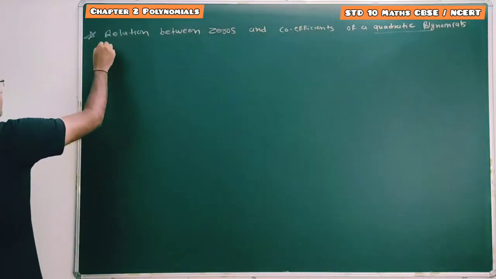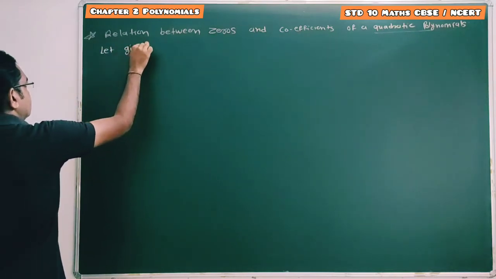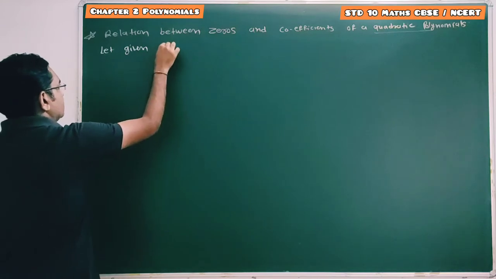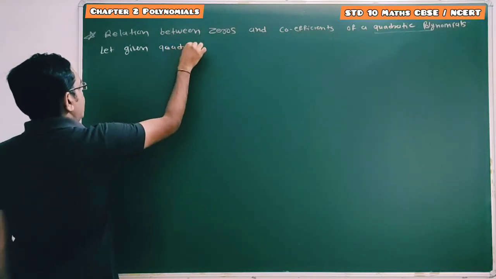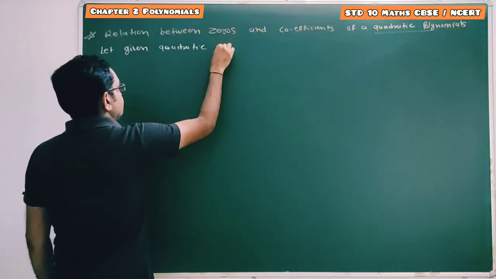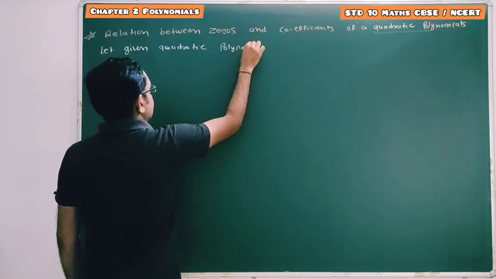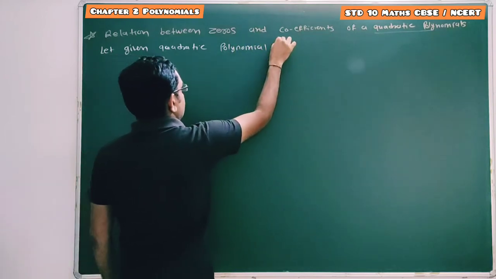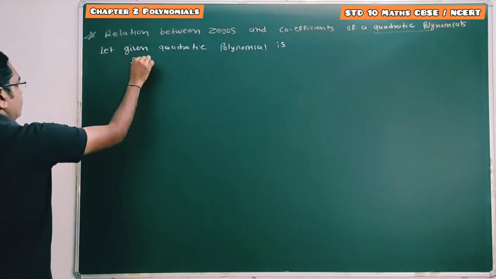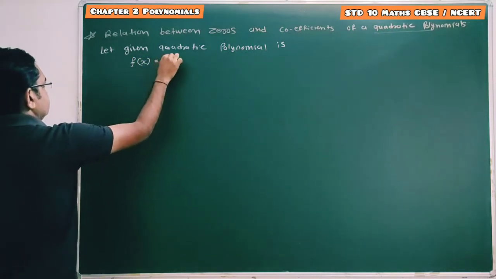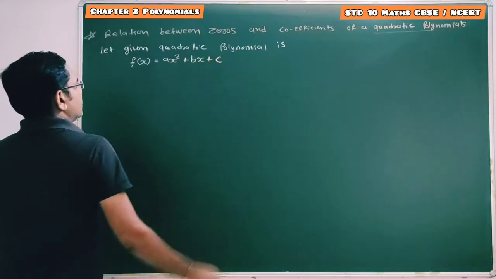So let's say that the given quadratic polynomial is f of x equal to ax square plus bx plus c.